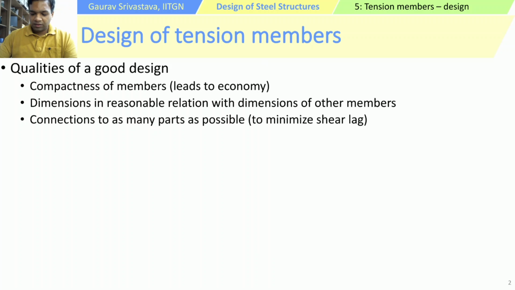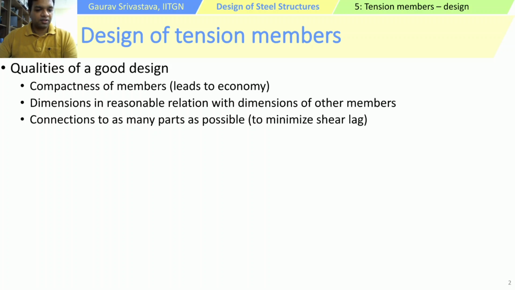Okay. The other thing is that dimensions of whatever members we design should be reasonable in relation with dimensions of the other members, right? So what it means is that if there is a member of size 100 mm, it is not a good idea to connect it to a member of size 1000 mm. Okay, that will be a large disparity in the sizes, and that will not be a good design.